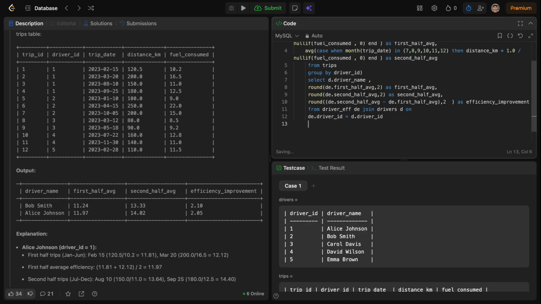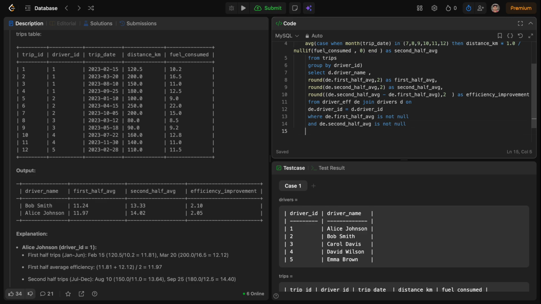To make this more efficient, I add a simple condition where DE dot first half is not null, and the same for DE dot second half is not null.